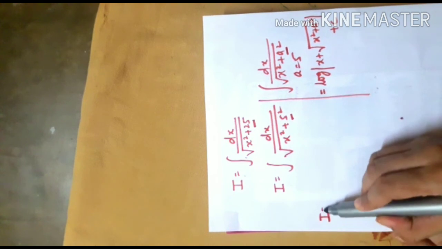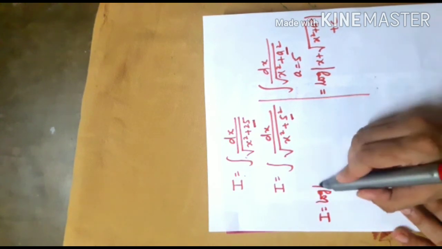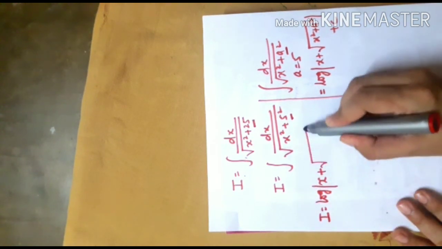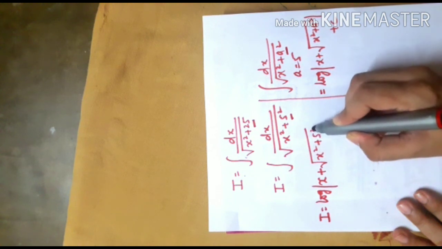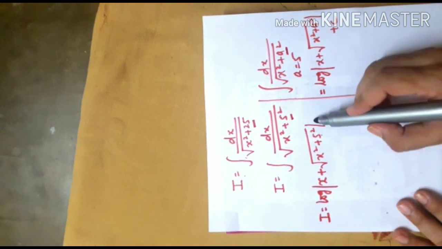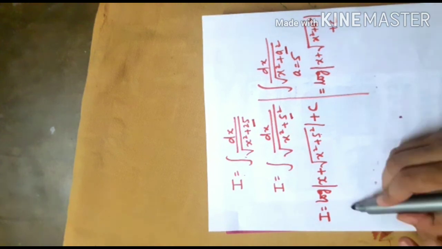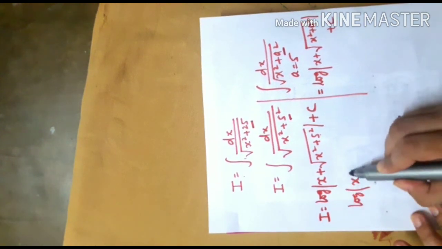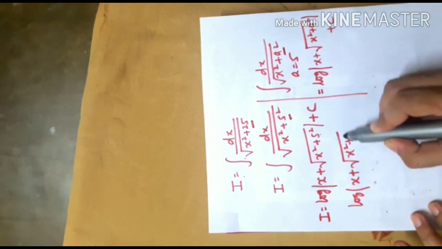So I'll get I equals log x plus square root of x square plus a square, that is 5 square, plus c, which I can write as log x plus square root of x square plus 25 plus c.